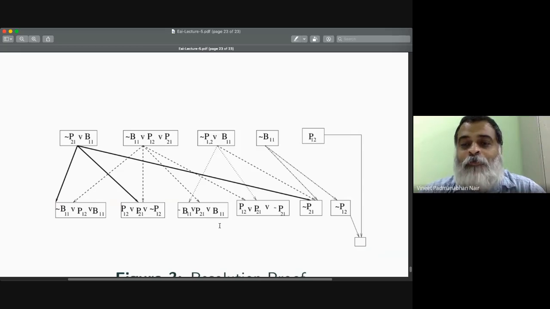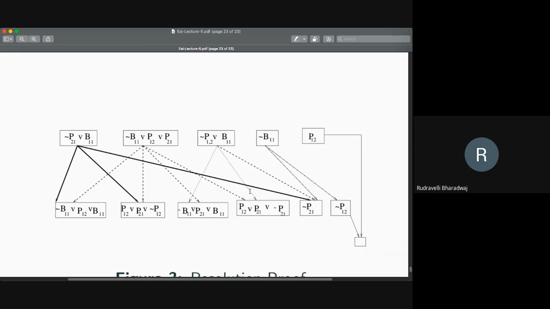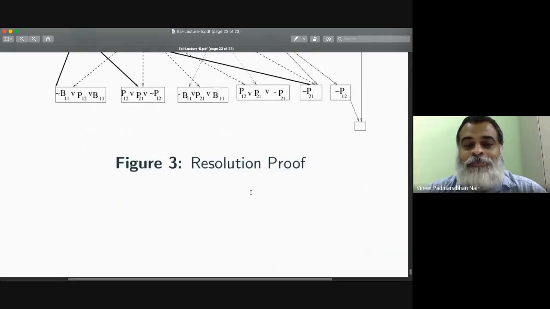So you can stop and tell that, look, halfway through I arrived at the contradiction, which means the negation of the conclusion does not follow, but the original conclusion follows. This is the idea. So that is the resolution proof.